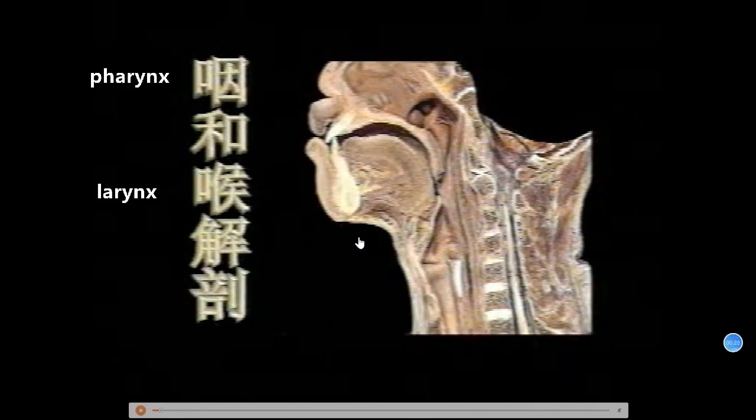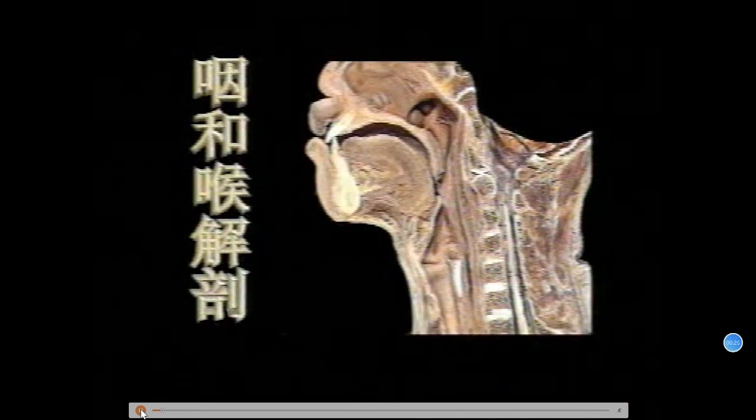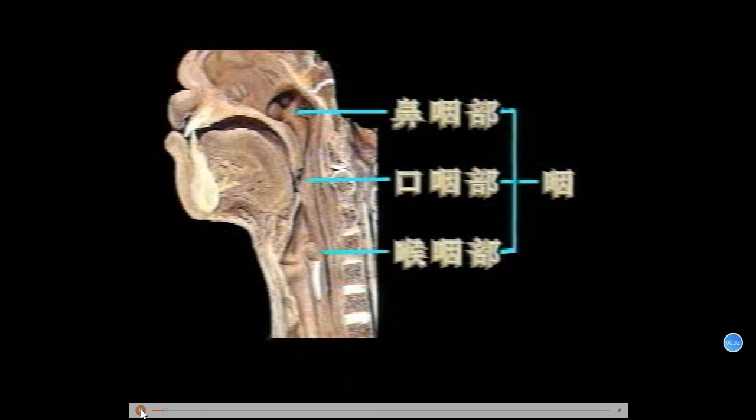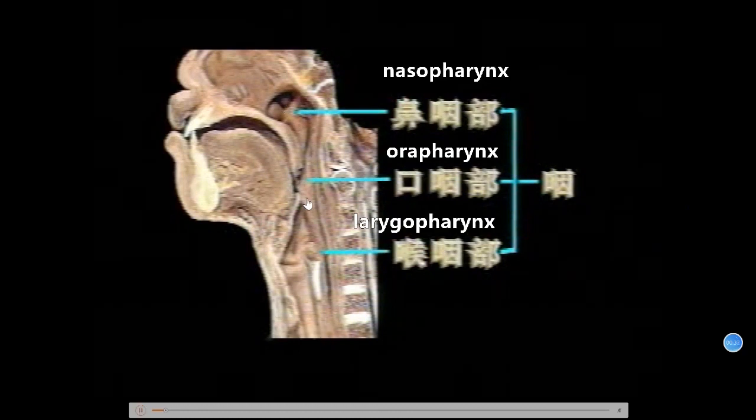This time is to dissect the pharynx and larynx. The pharynx, including the nasal pharynx, oral pharynx, and laryngeal pharynx.